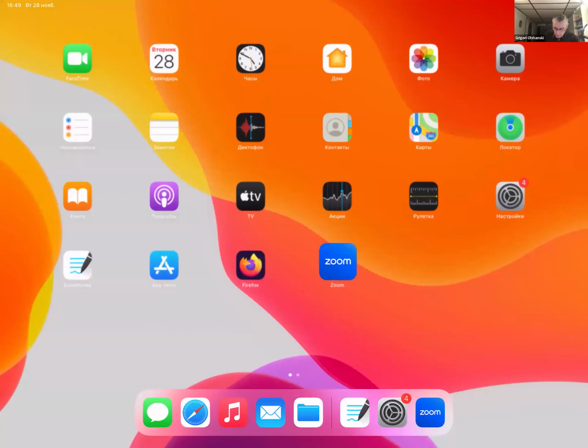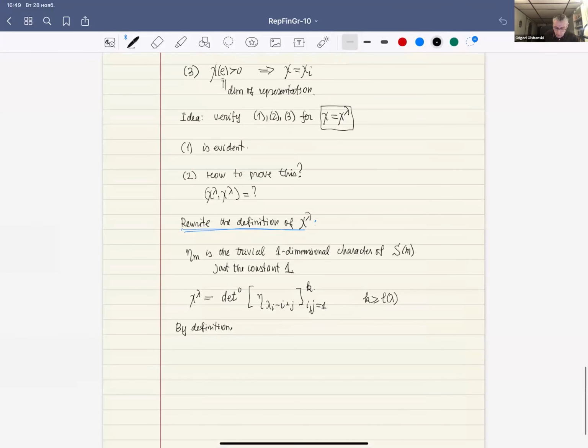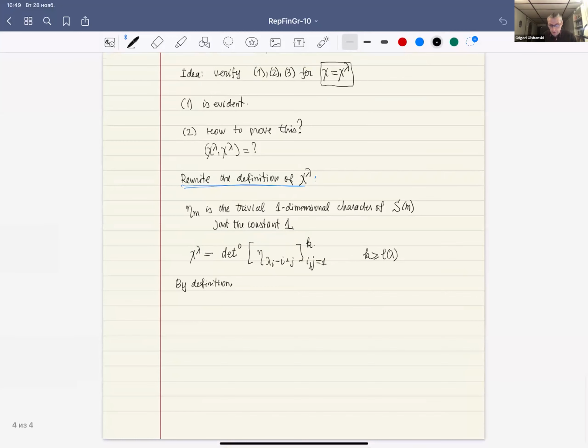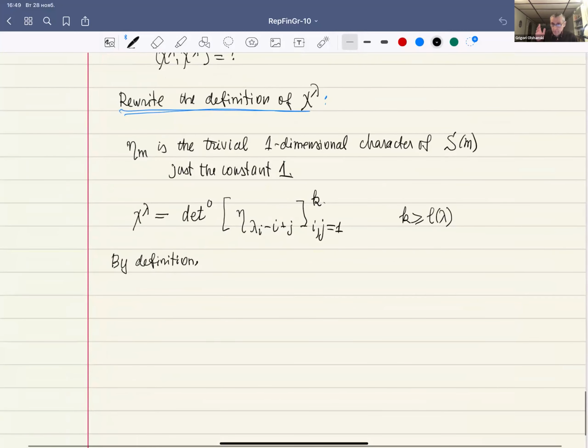Что еще такое? Ну, вот. Так, что-то временами возникает эта проблема.